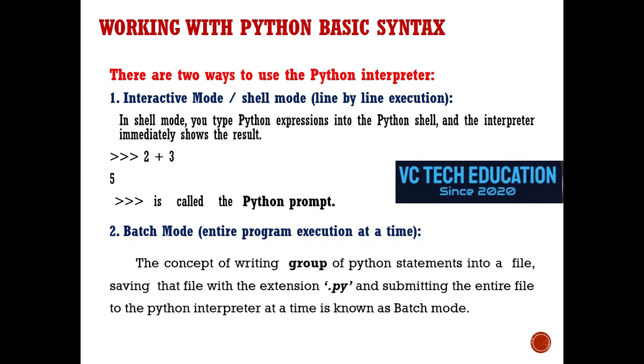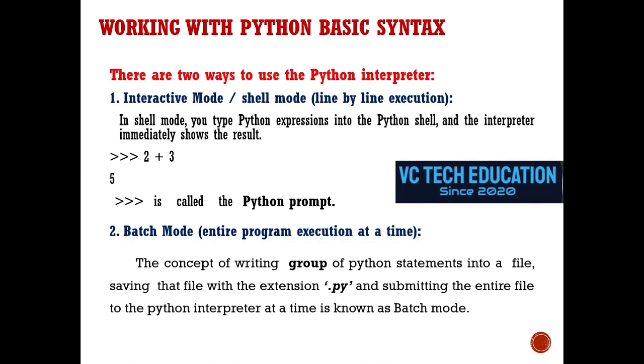There are two types of Python interpreter modes: interactive mode and batch mode. Interactive mode is also known as shell mode, where line by line execution is done. In shell mode, you type Python expressions in the Python shell and the interpreter immediately shows you the result.